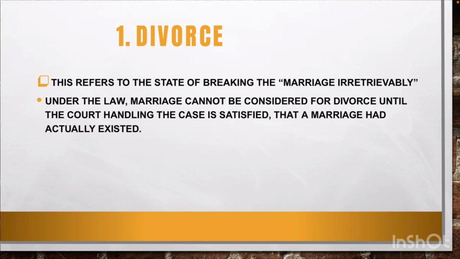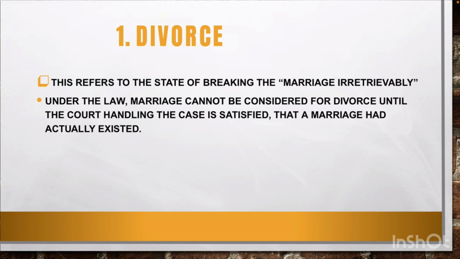We are going to start with divorce. What is divorce? This is very familiar to you. Divorce refers to the state of breaking the marriage irretrievably. Under the law, marriage cannot be considered for divorce until the court handling the case is satisfied that a marriage had actually existed.